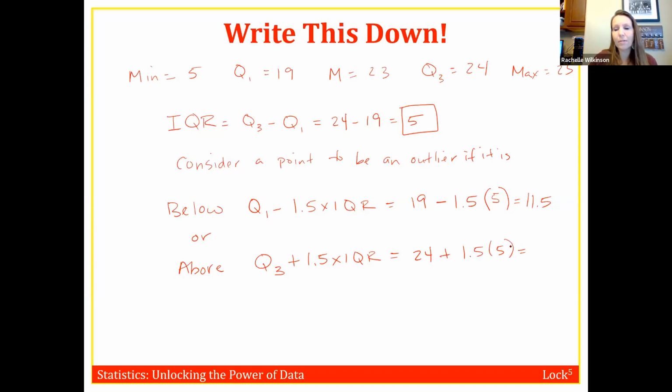So remember, 1.5 times 5 was 7.5. So I'm going to take 24 plus 7.5, and I get 31.5. All right, so we're going to consider something an outlier if it is above 31.5. So below 11.5 and above 31.5. Okay, everybody with me so far?